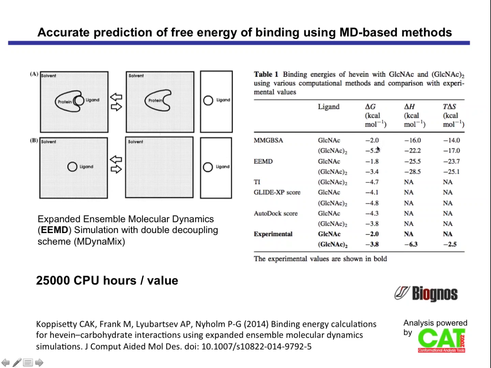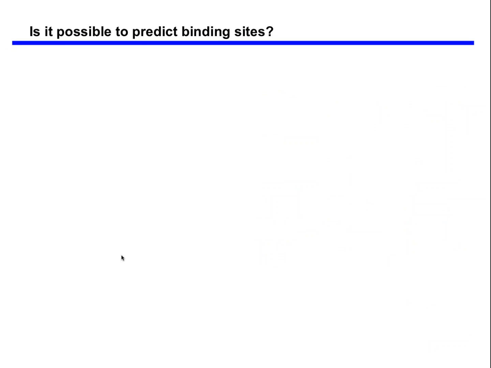MMGBSA is also not too bad, slightly worse. But the computational costs are enormous, about 25,000 CPU hours per value. So it's not yet completely for routine calculations, but computers are getting quicker, and maybe the code could be improved. So maybe for the future it would be a very interesting method to use.